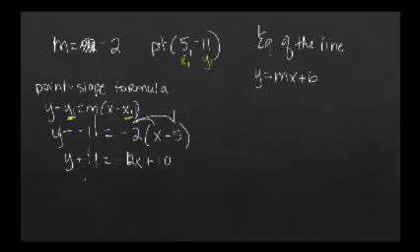Now we want to solve for y because we want it to be in slope-intercept form. So we're going to subtract 1 from both sides.